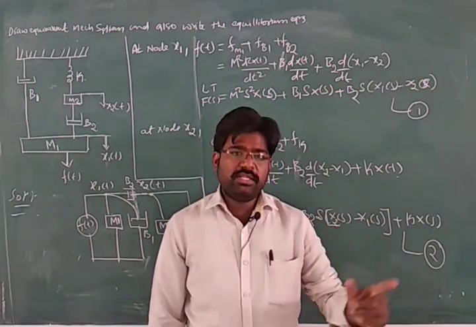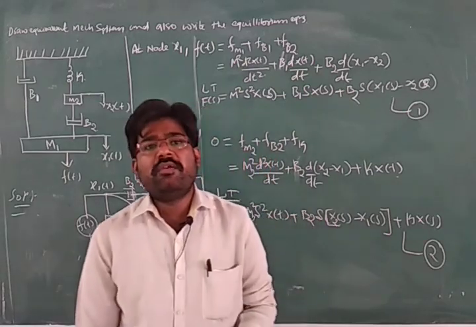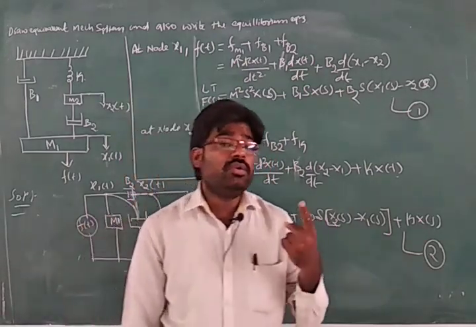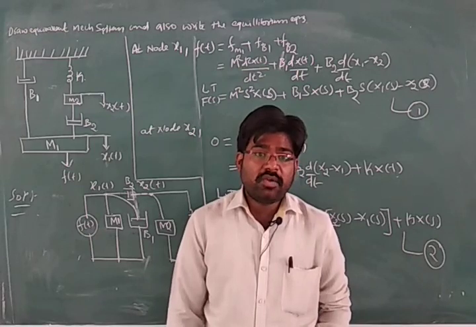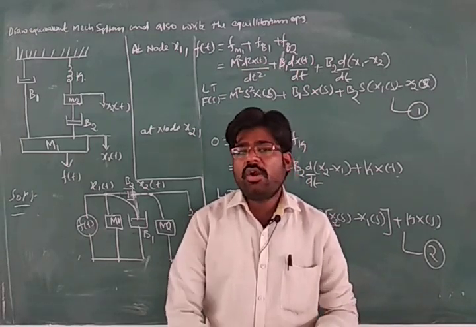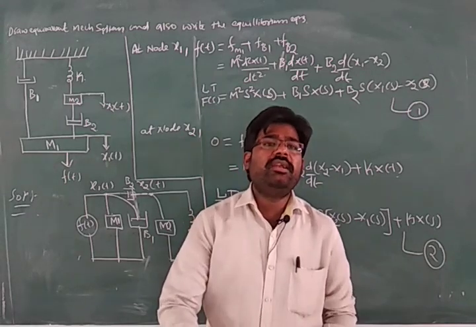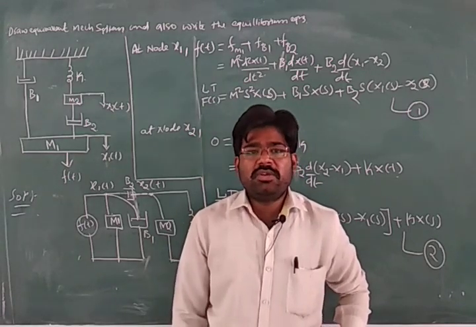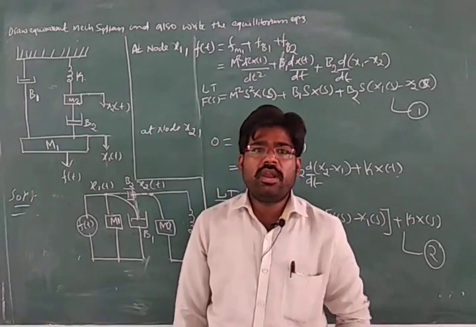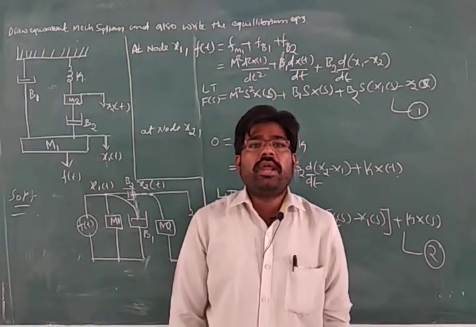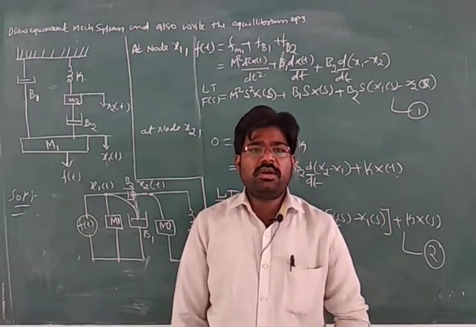Whenever any force is acting on the mass, it will be given by the equation m d square x by dt square. From next class onwards, I will not write d square y by dx square. I will directly write in the form of Laplace transformation only to save time. You are already familiar with how to write the given differential equations in S form.